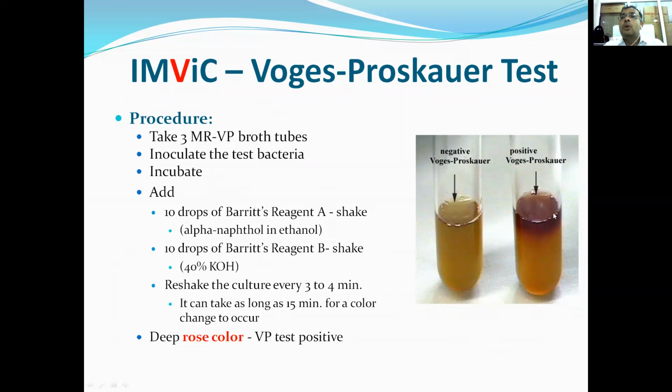If a rose color is formed on the top or in the tube, then you can consider it a VP positive. If there is no change in color, and no rose color is produced, then you can say that VP is negative. So VP and MR are almost similar tests; we are only demonstrating what the end product is, and based on that we add different reagents.